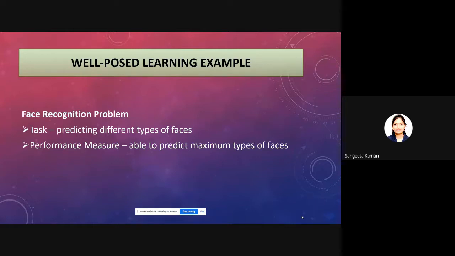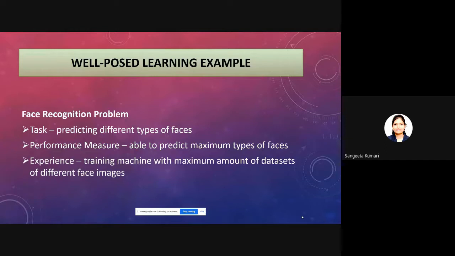It should not happen that in that database only three persons' faces are there. So it's important that your database is varied and multiple faces are part of it. Nicely done. Tell me what would be the experience for this. Different images of faces. A different database, yes, data sets, right? So data sets which will have different face images, very correctly said, right?